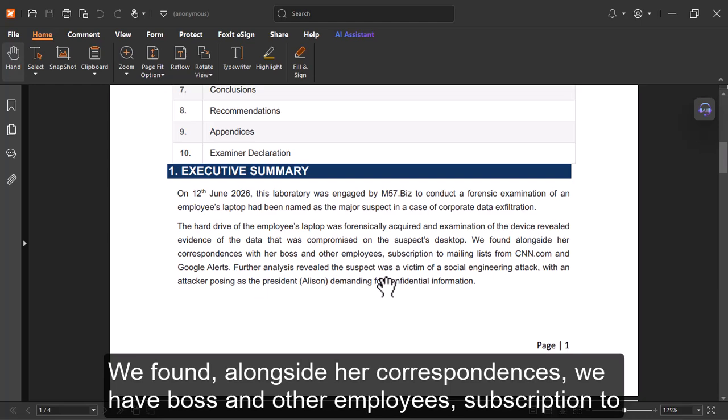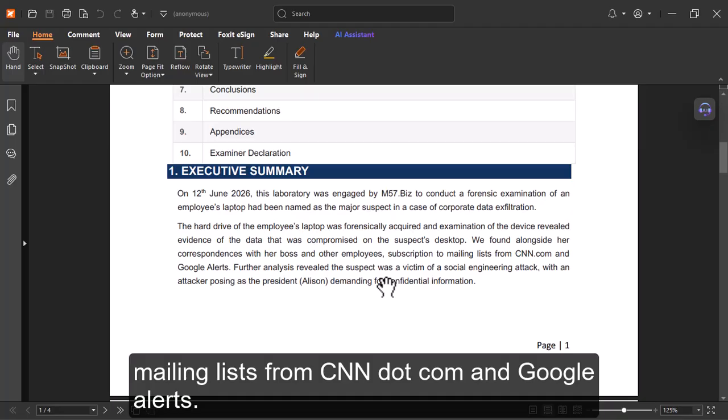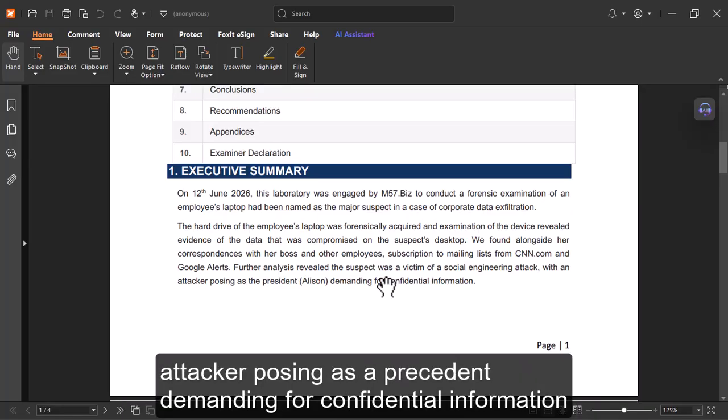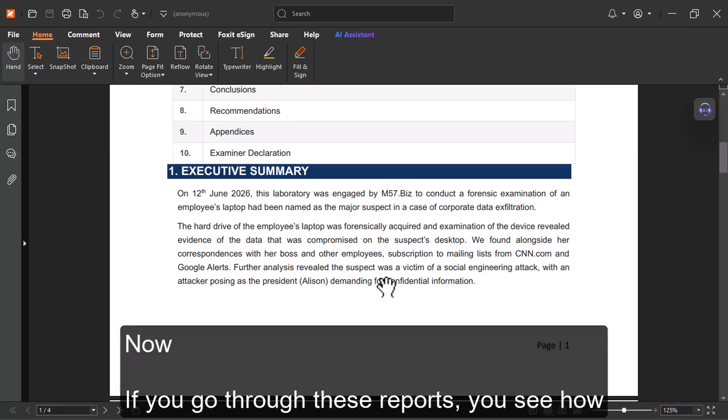We found alongside her correspondences with her boss and other employees subscription to mailing lists from CNN.com and Google Alerts. Further analysis revealed the suspect was a victim of a social engineering attack, with an attacker posing as the president demanding for confidential information. Now, if you go through this report, you see how we took our findings.